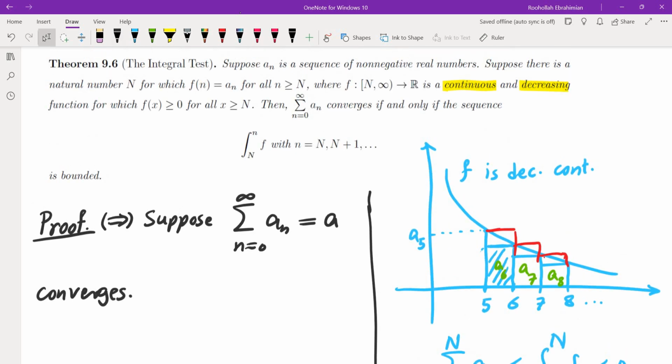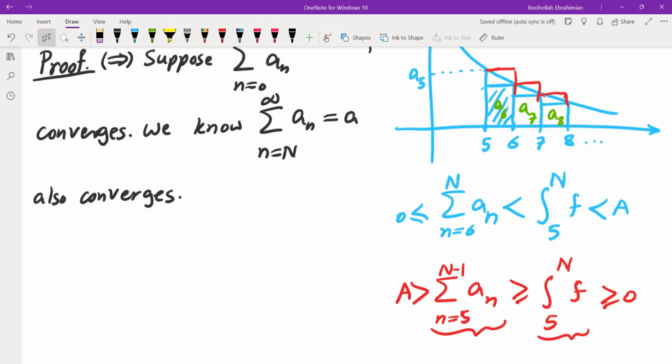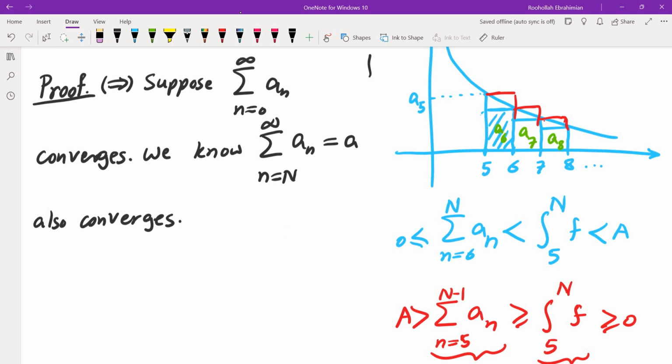Okay, so let's actually take the series and just remove that part, because I'm actually going to look at only from capital N to infinity. So we know that the series from n equals capital N to infinity of a_n also converges.